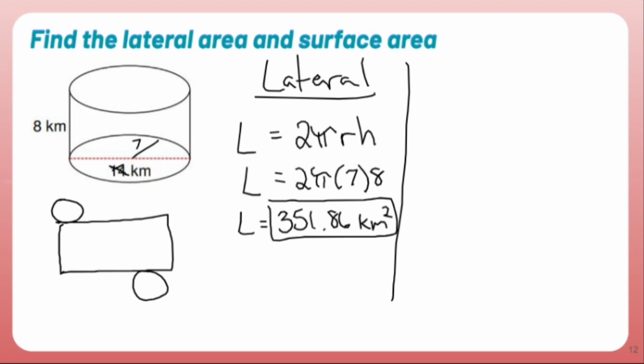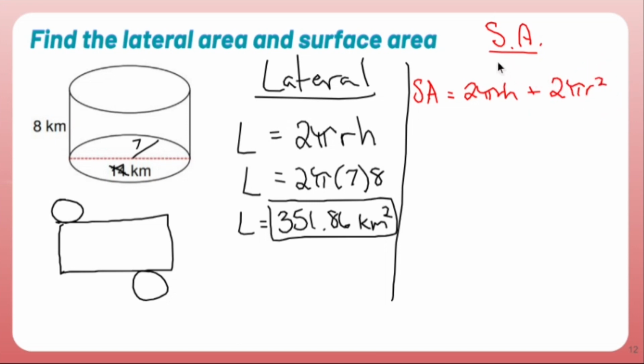Now I've got surface area, so I'll put SA for surface area. And the surface area now includes the top and the bottom. So without looking up a formula sheet, if it's going to include the top and the bottom, then the surface area, SA, is going to equal 2 pi RH, which is the side, plus 2 areas of circles, so 2 pi R squared.